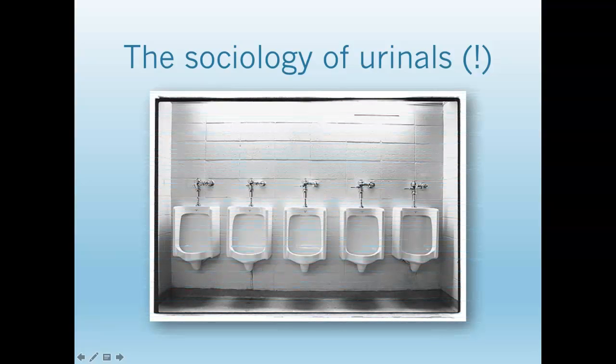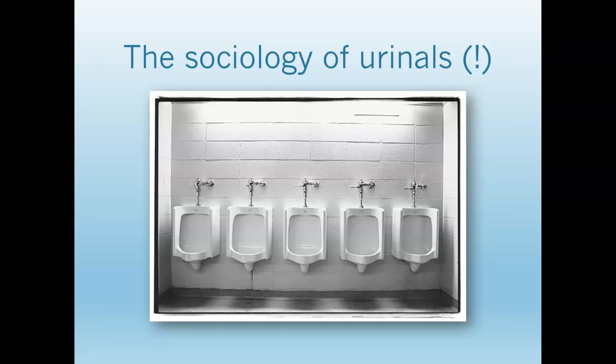The second of the two links that I'm providing in the Week 2 folder is a tongue-in-cheek YouTube video called Male Restroom Etiquette, and it's about the complicated world of which urinal a man will choose to use depending on which ones are already occupied.